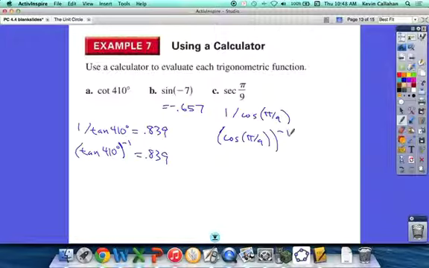And what mode are you going to be in? It's got to be in radians, right? The fact that you use pi, it's not like using a degree symbol makes it in degrees. And what do we get for that, Taylor? 1.064.